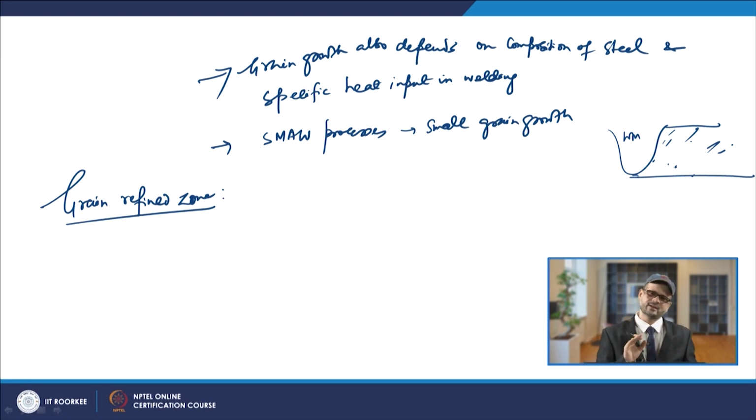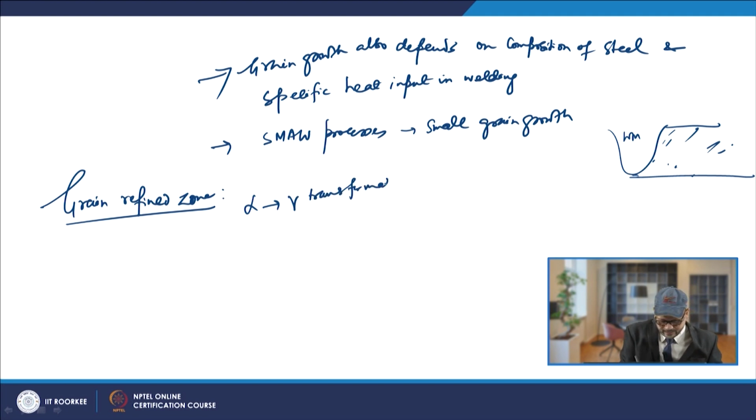While heating you have the alpha to gamma transformation, and you don't give sufficient time for proper development. So your grain size remains small; it will not grow.